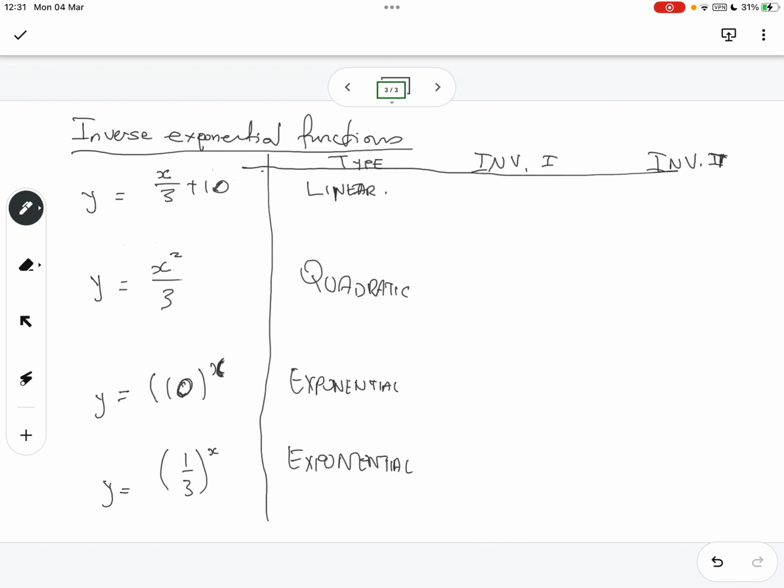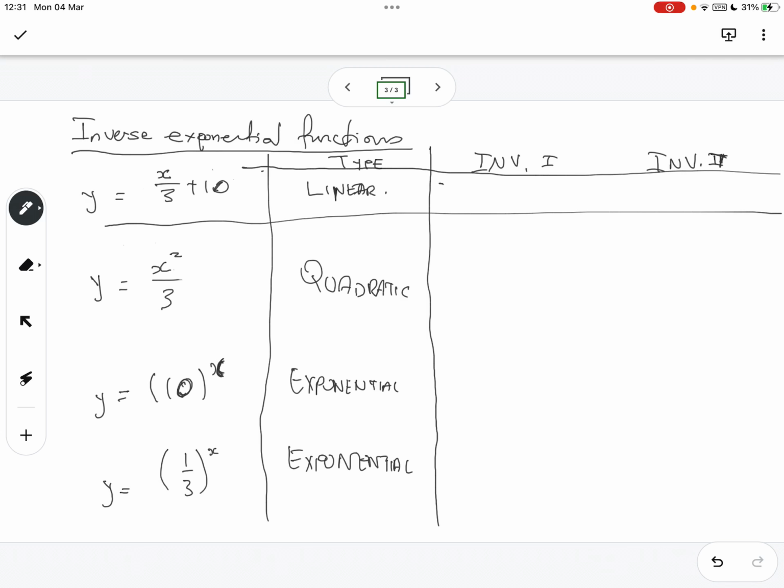Okay, so if we were to write these functions as inverses, the first thing we do is swap x and y, right? Yes. So for the linear equation, when we swap x and y, what do we get? x equals y over 3 plus 10. And then the second step is make y the subject of the formula, right?